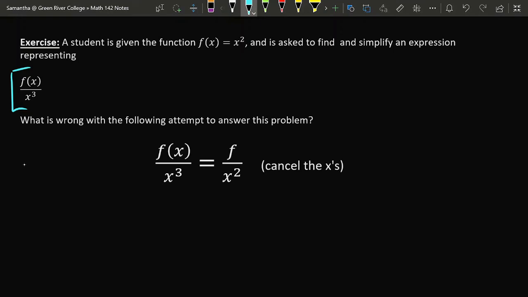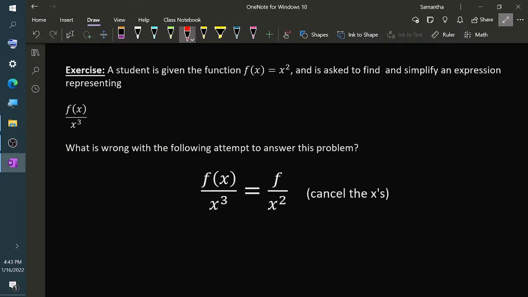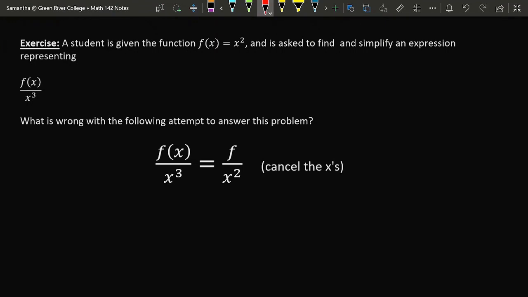Well, one sure sign that something has gone horribly wrong here is that this student has gotten a naked f in their fraction. F by itself, with no input, should never be in any mathematical equation or expression. The issue here is that, when we're simplifying a fraction, we are allowed to cancel common factors.